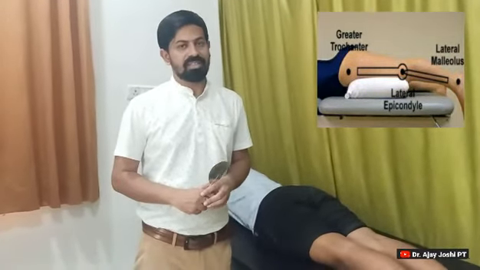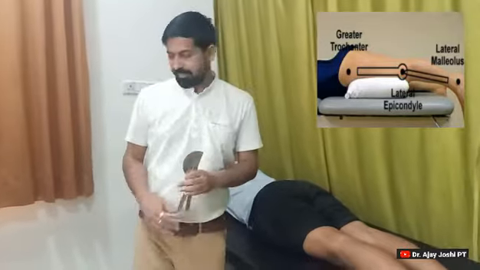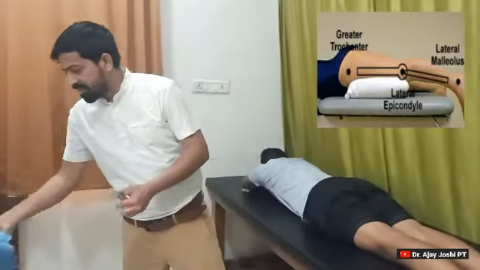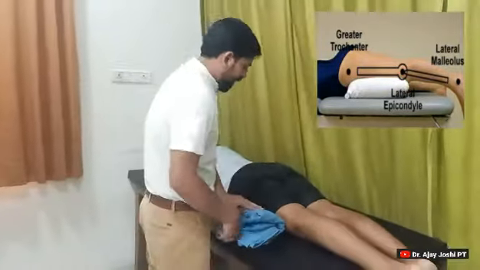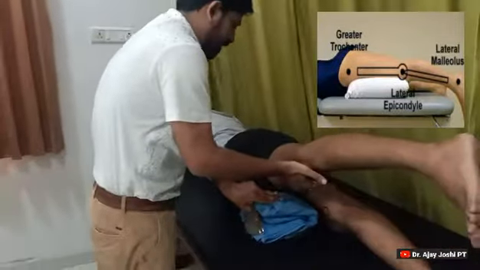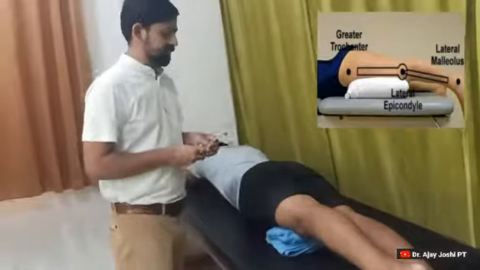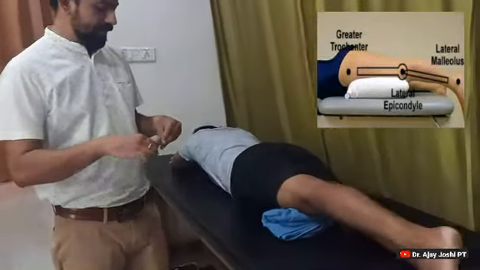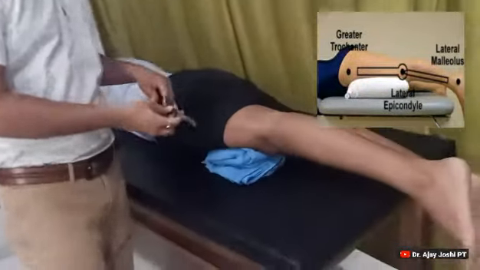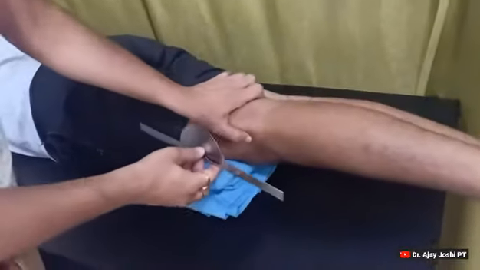Now let's take the range of knee extension, and in knee extension the normal range is knee in hyperextension. Normal hyperextension is 5 to 10 degrees. So to achieve hyperextension you have to place a bed sheet below the femur. Then place your goniometer.